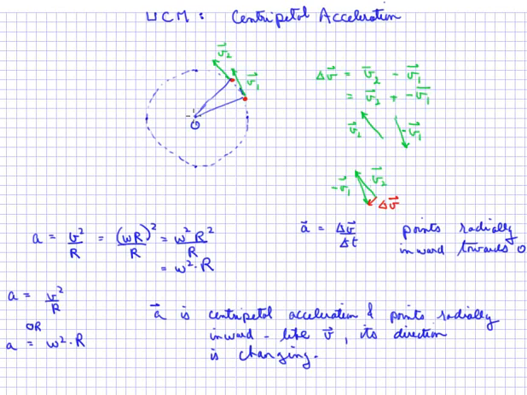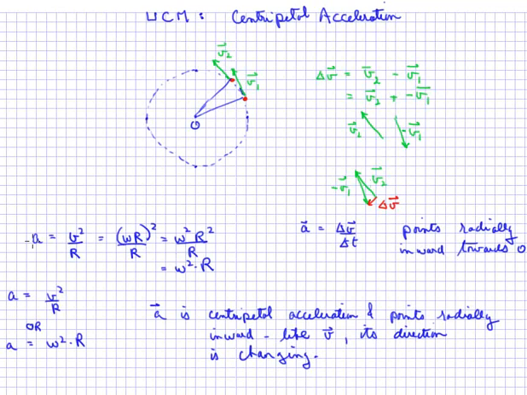So in the limit, there's really only one radius. And the acceleration is then delta v divided by delta t, and it points radially in towards O, which is where the axis is. So that tells you the direction is radially inward, which is what centripetal means.